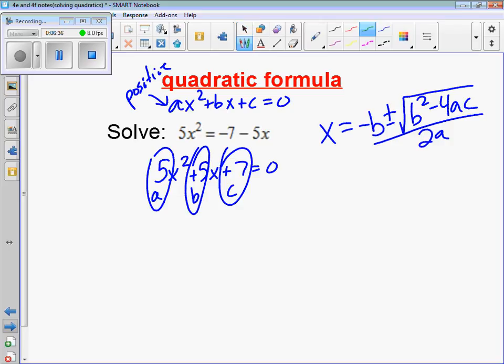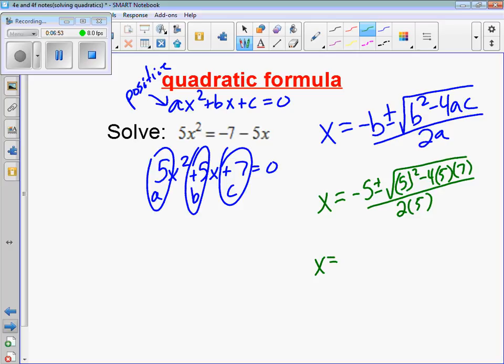Opposite of b, 5, plus or minus the square root of 5 squared minus 4 times a times c, all over 2 times a. I simplify this in the exact same order every single time. I do 5 squared, and I do 4 times 5 times 7, which is 140, divided by 10. Moving back, keep going.